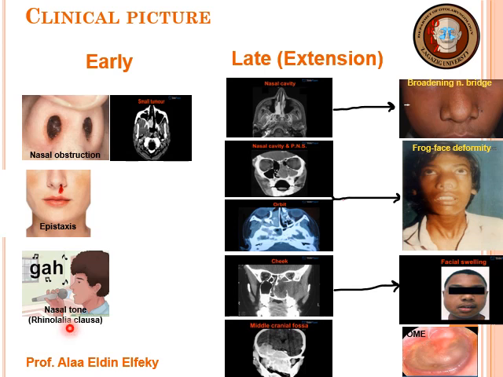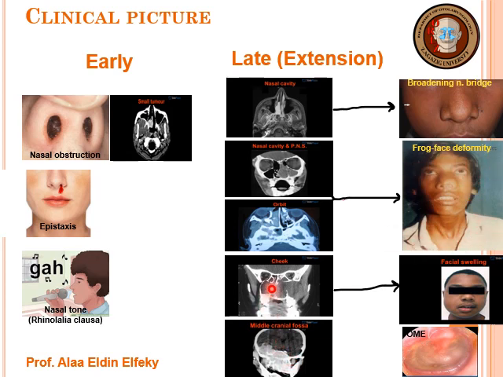Then there are signs of extension and increase in the size of this tumor. If extended to the nose, we will have broadening of the nasal bridge. If extended to the sinuses, especially the ethmoid, and to the orbit, this will cause proptosis and what is called frog face deformity.